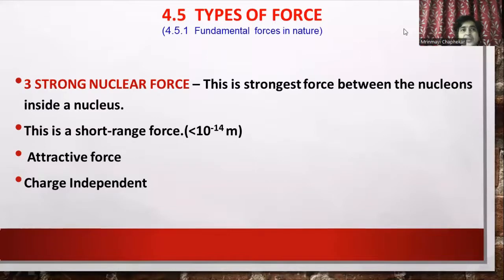The question arises: we say that two protons are positive, so there should be repulsion between them, right? But if those two protons are inside the nucleus, that is, the distance between them is less than 10 power minus 14 meter, then the nuclear force between two protons is attractive. If the distance between them is greater than 10 power minus 14, then the force will be electromagnetic in origin, and that force will be repulsive, as we say like charges repel each other.